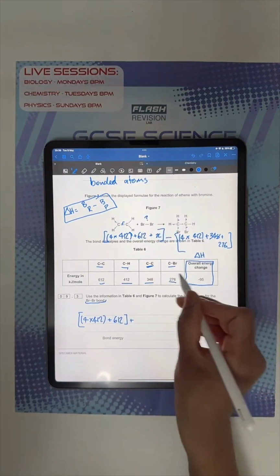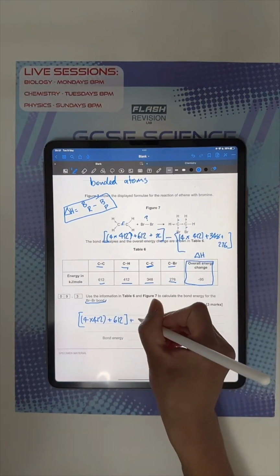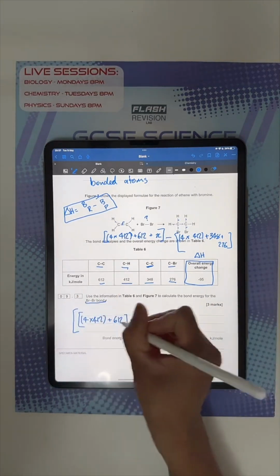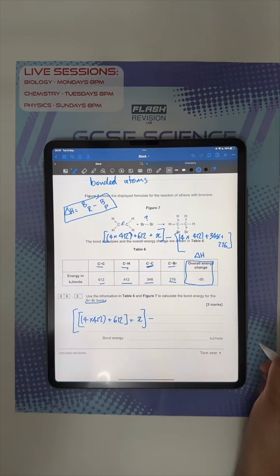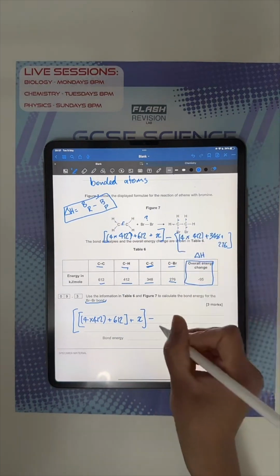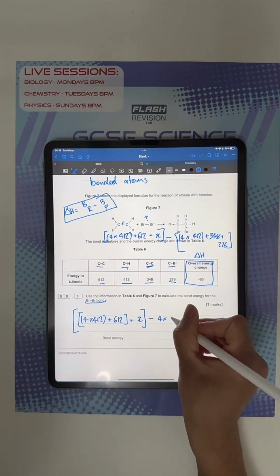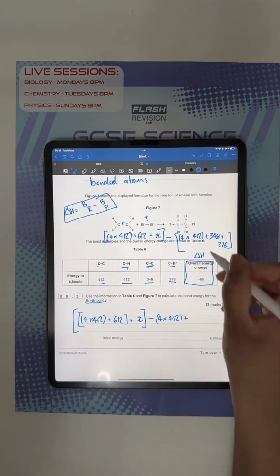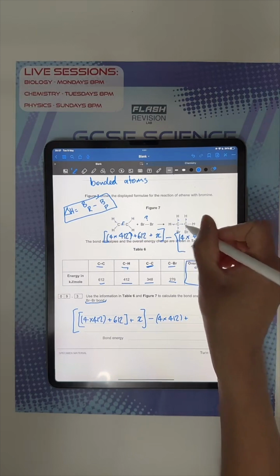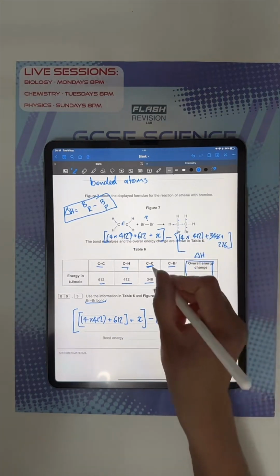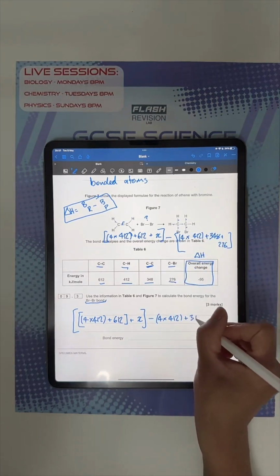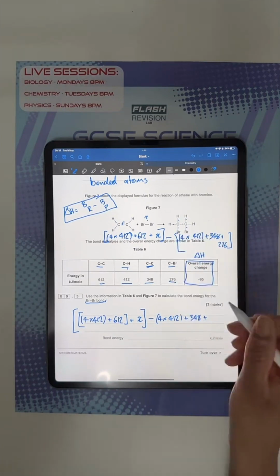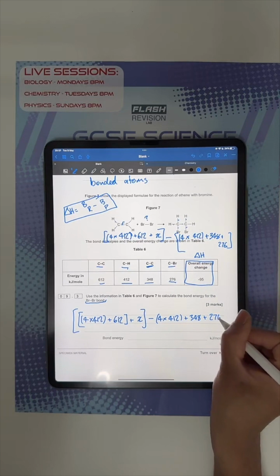We don't get given that in our table, so we'll call that X. All of this minus, there's 4 CH bonds, 4 times 412, plus one CC bond, which is 348, plus two CBr bonds, which is 276.